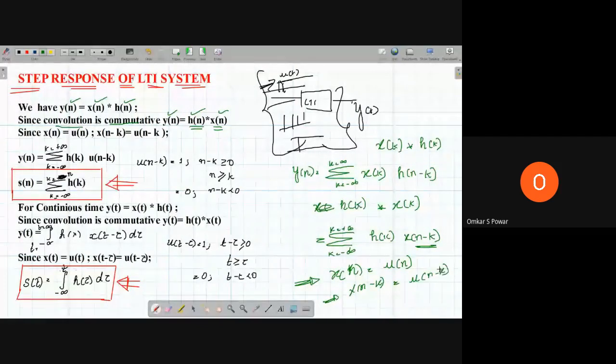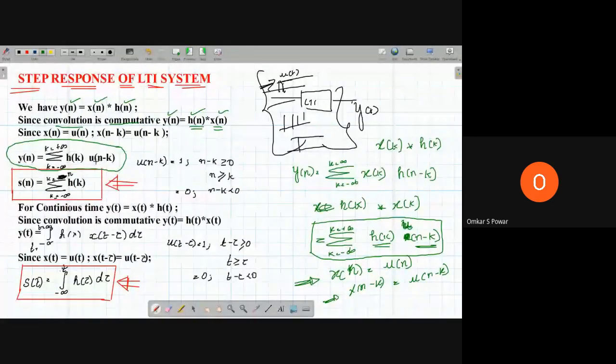So in this equation, I have to replace x by u. If I replace this, I'll get summation k varies from minus infinity to infinity h of k into u of n minus k. So I have written the same thing here: y of n is equal to summation k varies from minus infinity to infinity h of k into u of n minus k.